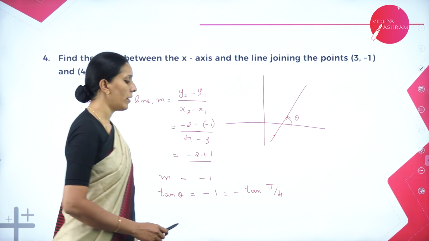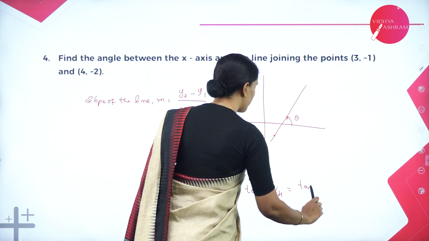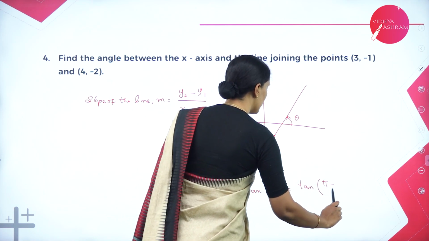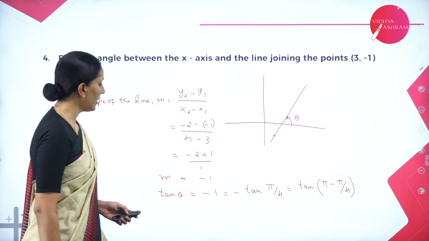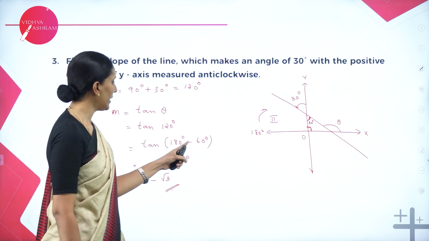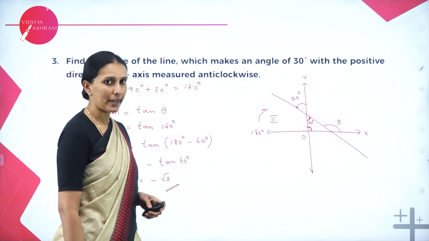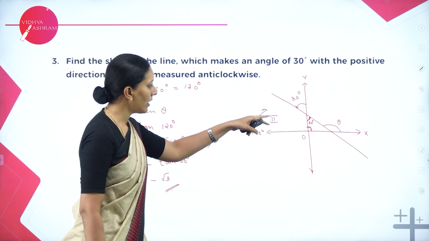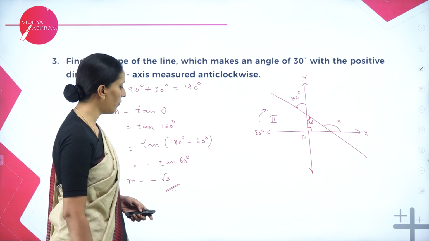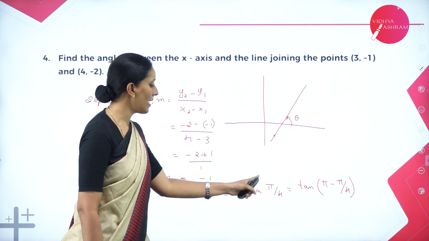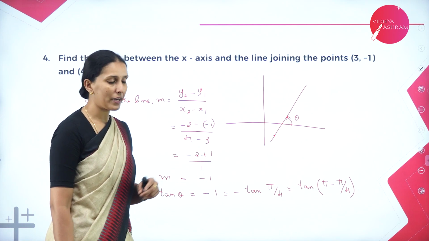Or we can also write this as tan of (pi minus pi by 4), because in the previous problem you can see tan of (180 minus 60) can be written as minus tan 60, since tan is negative in the second quadrant. Any angle in the second quadrant can be written in the form of 180 minus theta. So I have taken minus tan pi by 4 as tan of (pi minus pi by 4), which is nothing but 180 minus pi by 4.